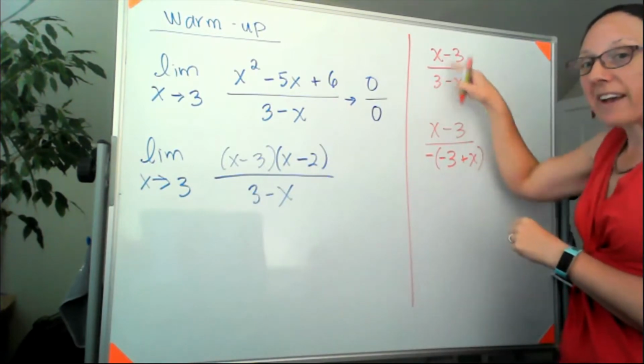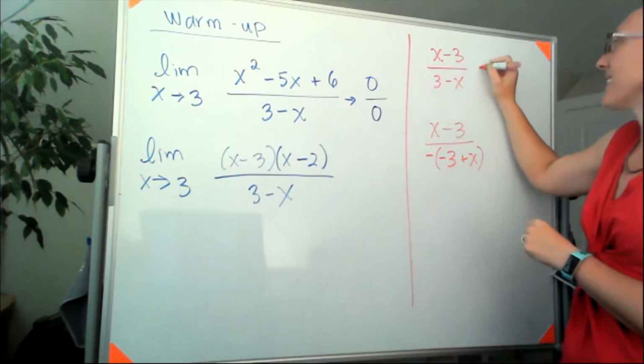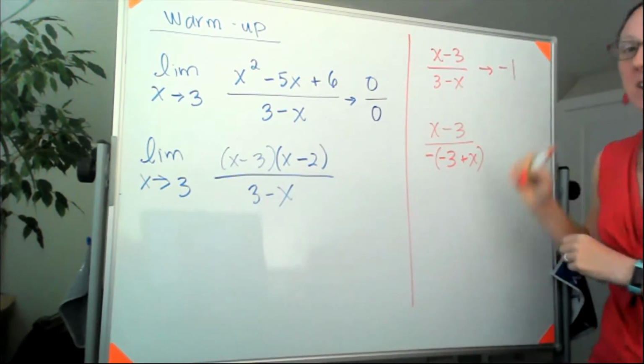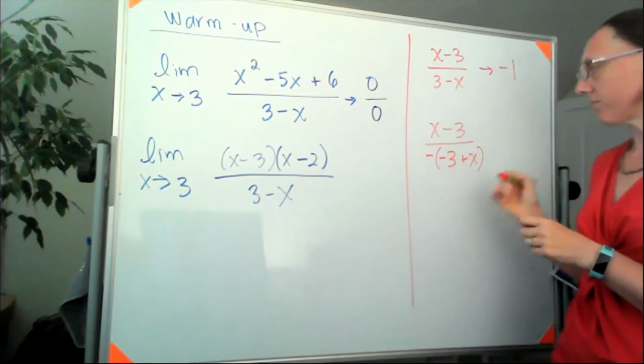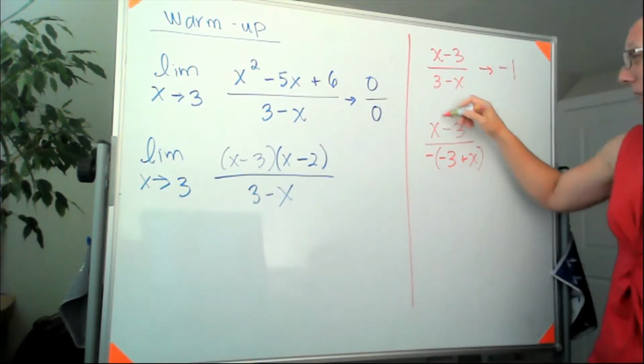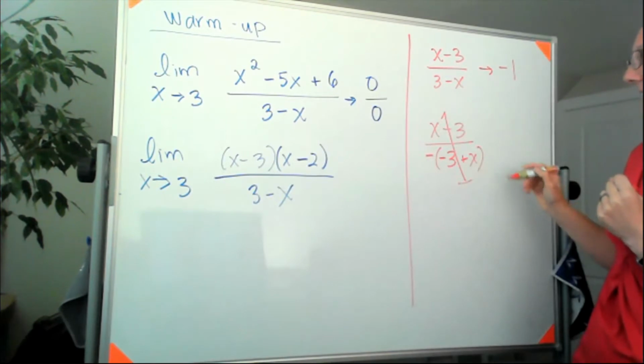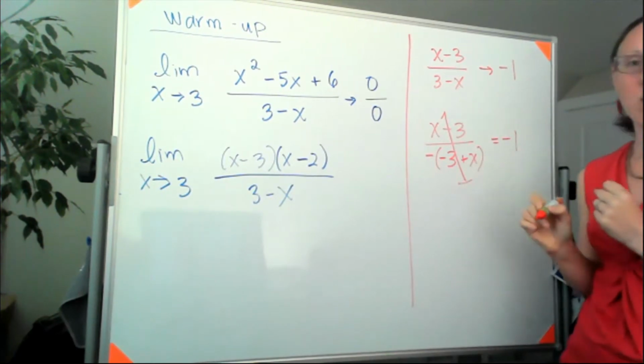So it turns out that x minus 3 over 3 minus x actually simplifies to be -1, not +1. And here we can see that the x minus 3 over x minus 3 is going to give us -1 also.